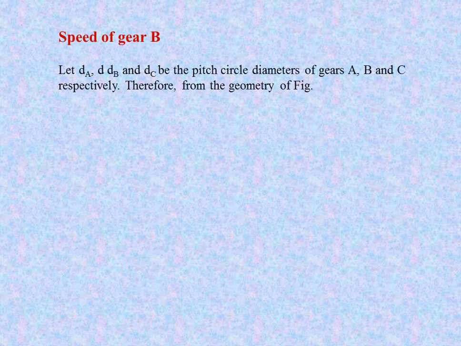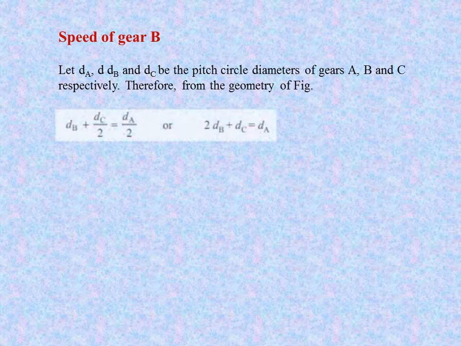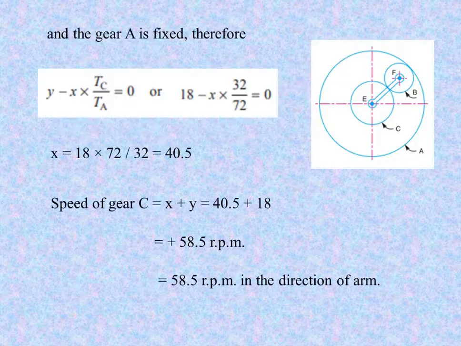Now the speed of gear B. Let dA, dB, dC be the pitch circle diameters of A, B, C respectively. From the geometry, dB plus dC by 2 is equal to dA by 2, or 2 dB plus dC is equal to dA. If you see the geometry, this dC is nothing but double of this dB.